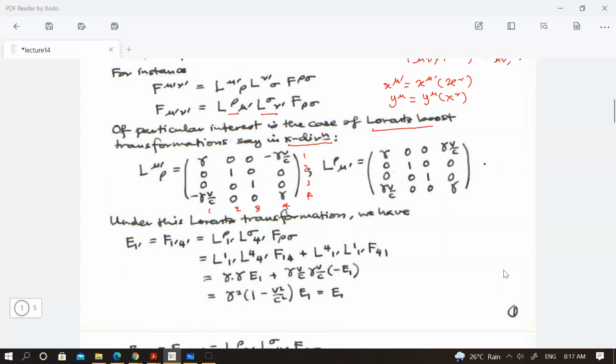Sometimes the convention adopted in different books will be different. Mine uses 1, 2, 3 for the spatial index, and the fourth is the time index.